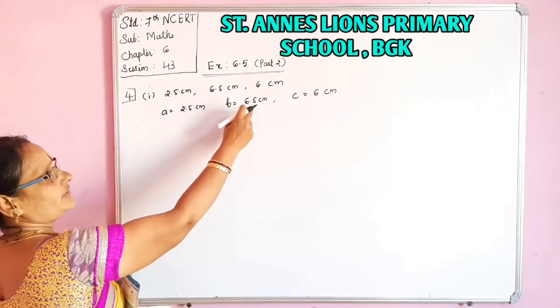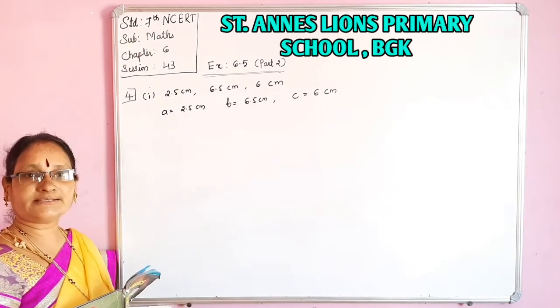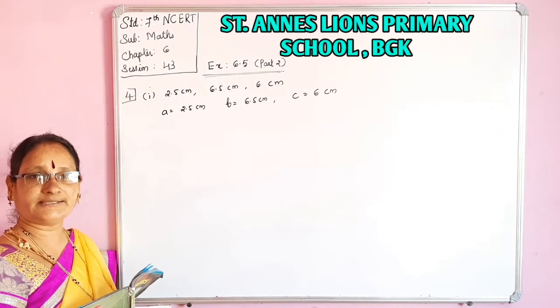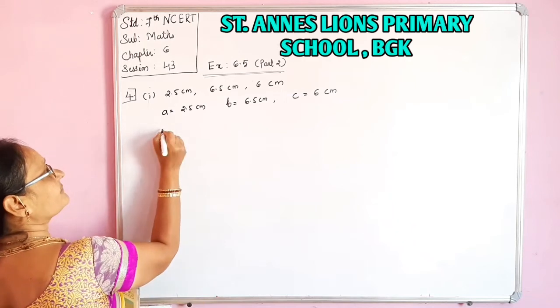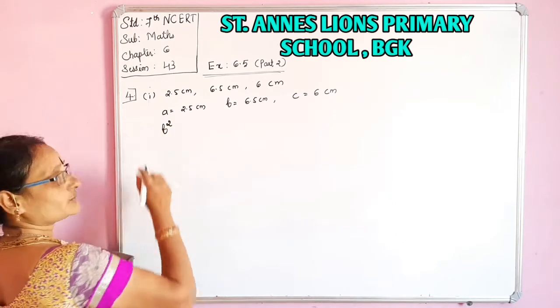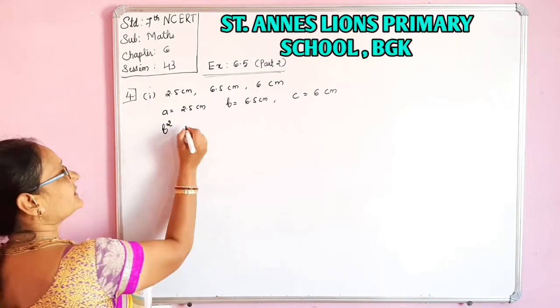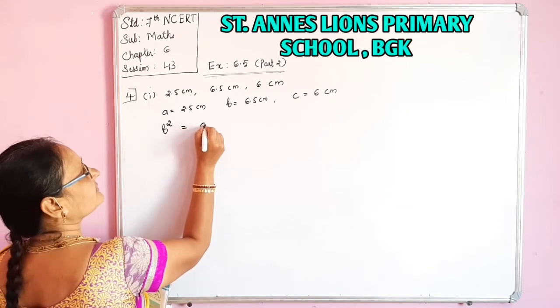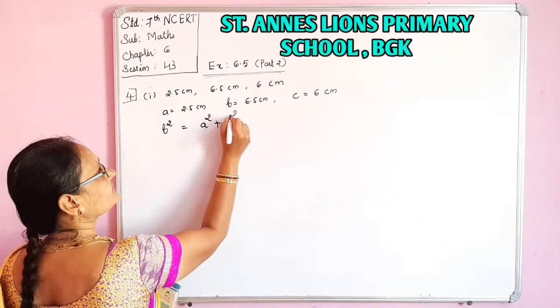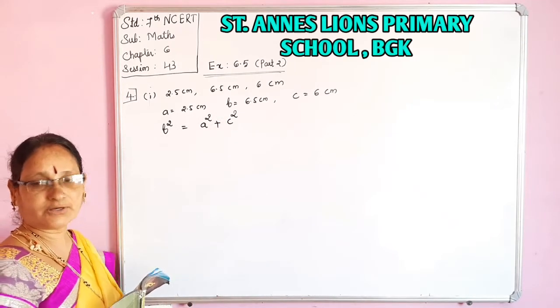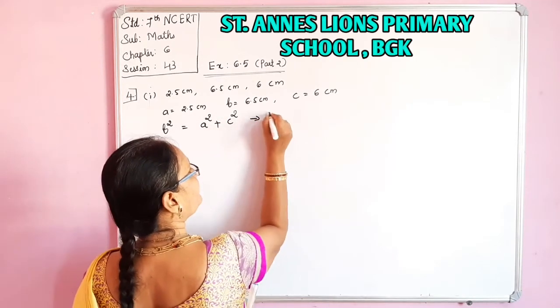If the biggest side is the hypotenuse, then according to the Pythagoras property, the square of the hypotenuse is equal to the sum of the squares of the other 2 sides. Okay, this is the Pythagoras property.